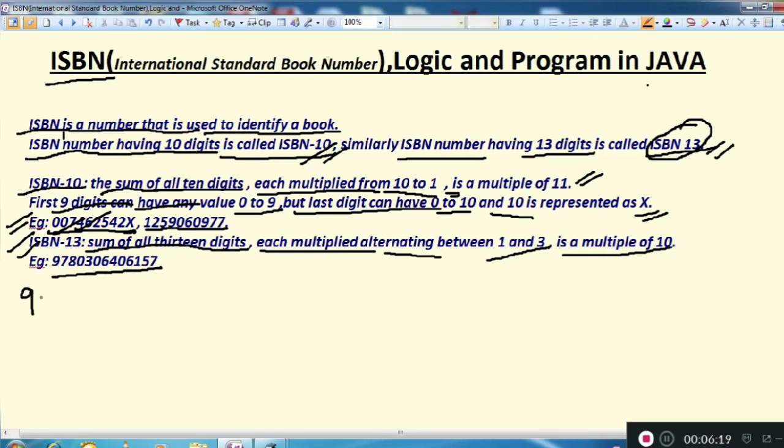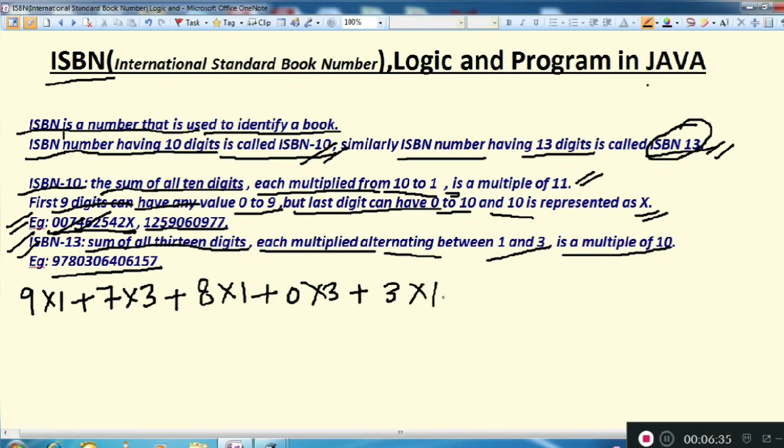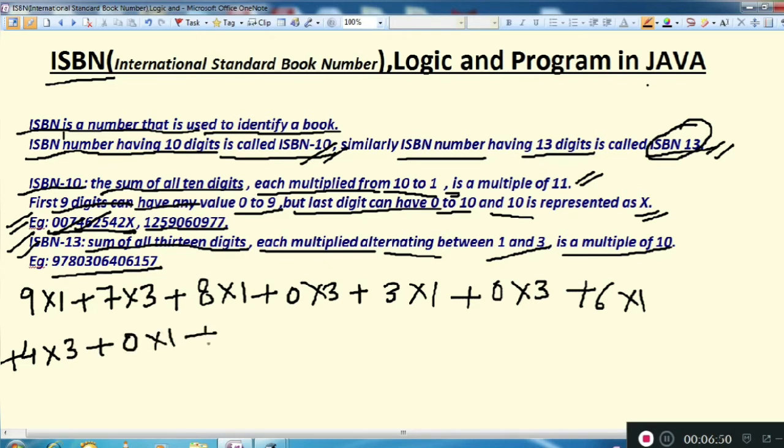So let's see: 9 multiply 1 plus 7 multiply 3 plus 8 multiply 1 plus 0 multiply 3 plus 3 multiply 1 plus 0 multiply 3 plus 6 multiply 1, 4 plus 4 multiply 3 plus 0 multiply 1 plus 6 multiply 3 plus 1 multiply 1 plus 5 multiply 3 plus 7 multiply 1.